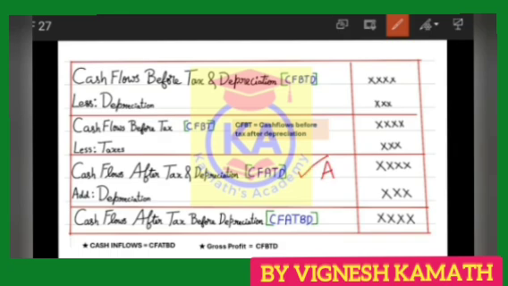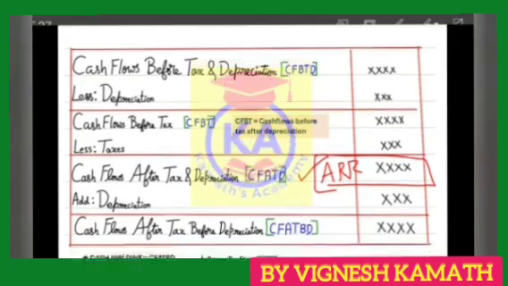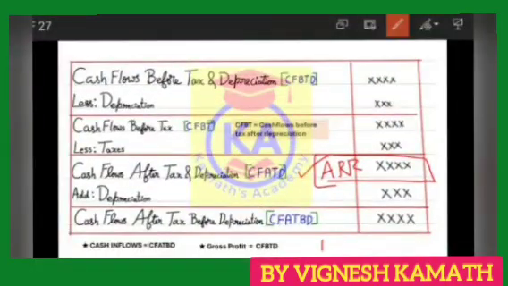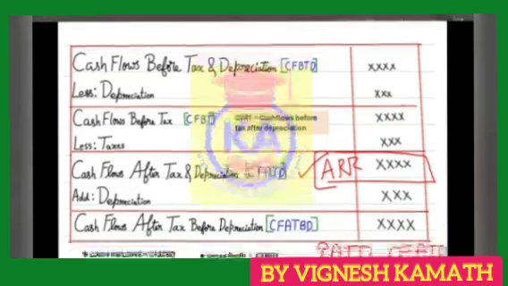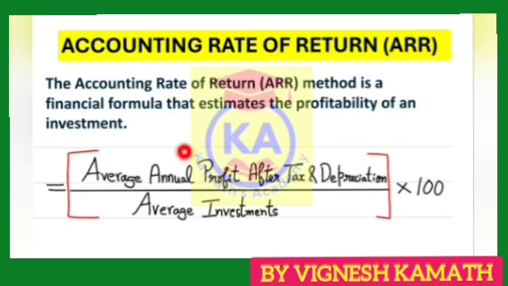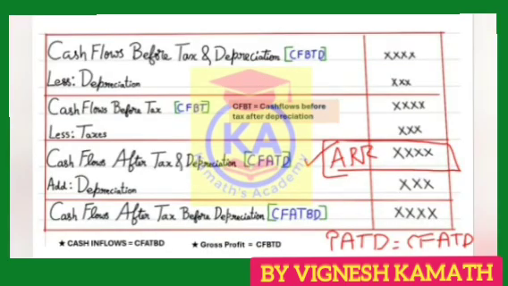I have also said that cash flows after tax and depreciation can also be called profit after tax and depreciation. PATD is equal to CFATD. You have to watch that first. So here it is also the same, profit after tax and depreciation.